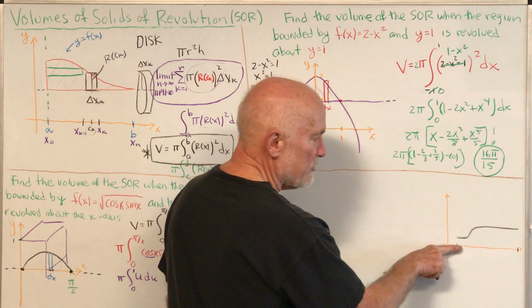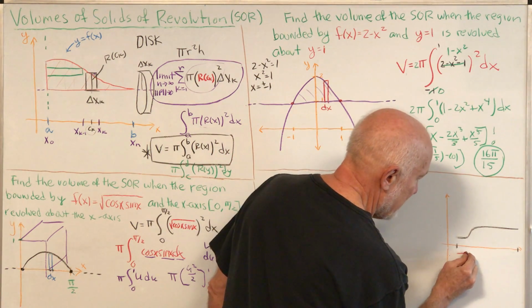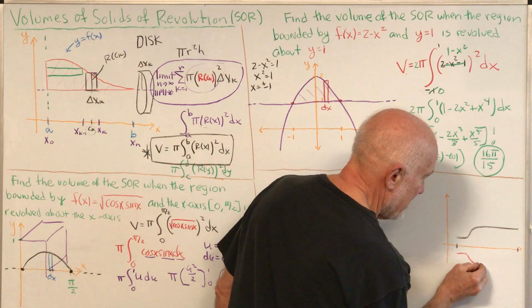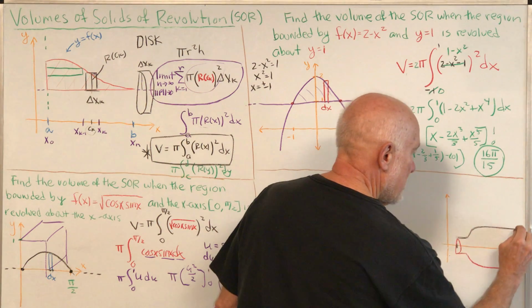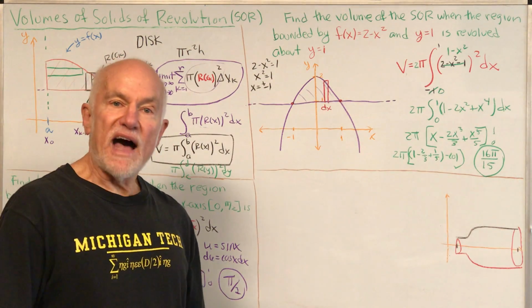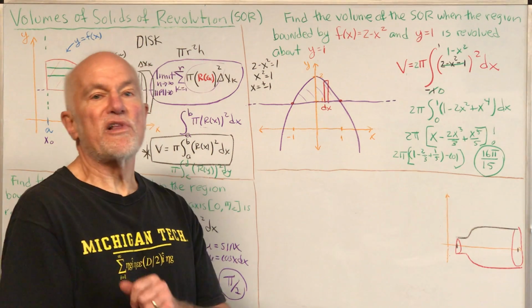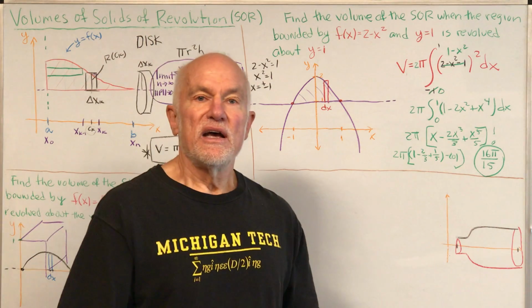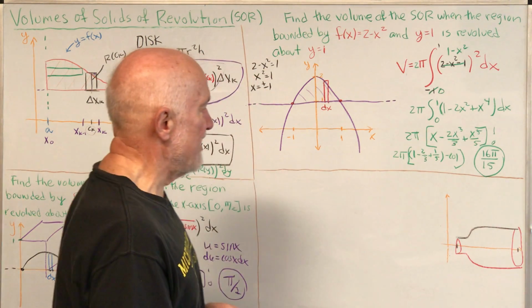If I were to revolve that around the x-axis, my artwork isn't so good, but it would make like a water bottle. So a lot of things that are manufactured are solids of revolution, and so we really would like to be able to find out what is the volume inside of one of those solids of revolution.